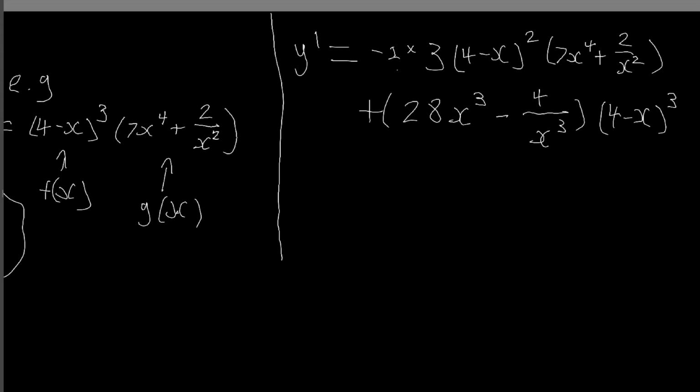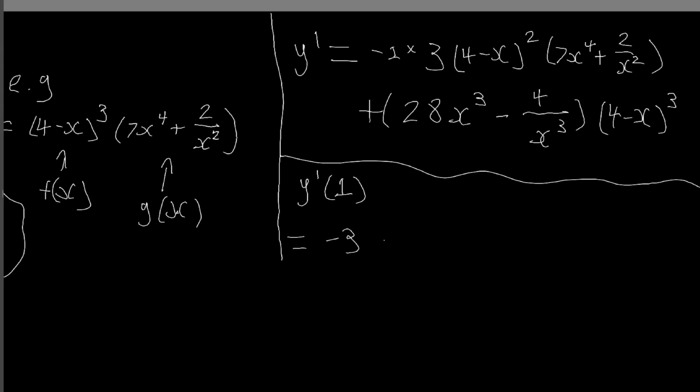Now, we can apply this just for a quick example. Why don't we find the derivative when x is equal to 1? So we're going to find y prime of 1. Well, we're finding the gradient of this function when x is equal to 1. This is going to be equal to negative 3 times (4 minus 1) squared times (7 plus 2).